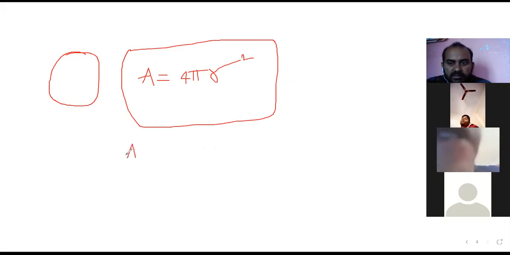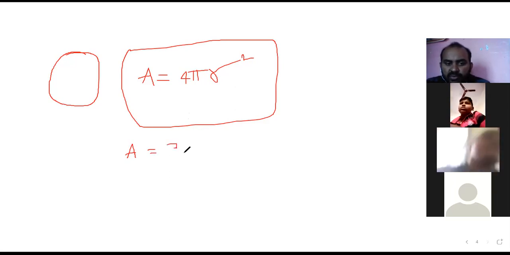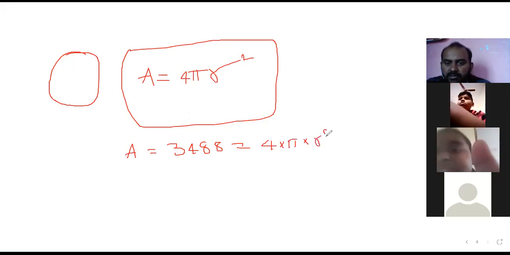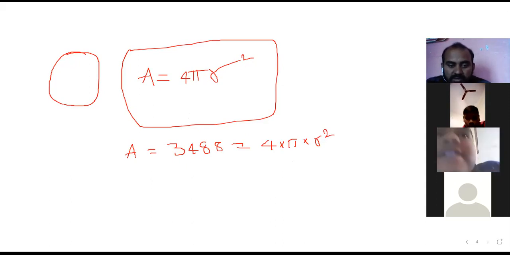Sir, that is surface area, sir. Okay, surface area and area are both the same. 3844. Yes. This is equal to what? 4 into pi into r square.